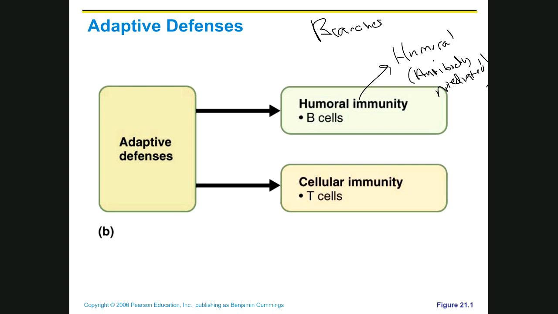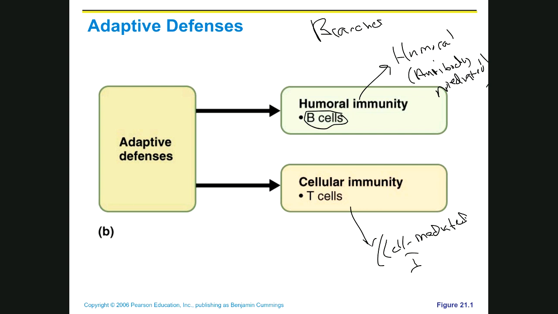So it's all about B cells. The other branch, though, is called cellular immunity, or sometimes now cell-mediated immunity. But in this case, it's not antibodies. Antibodies are proteins, they're not cells.